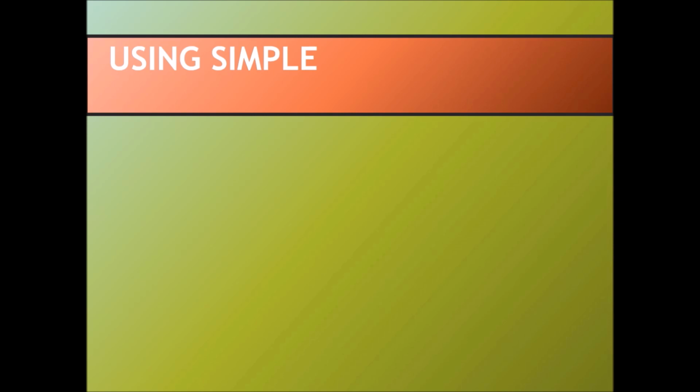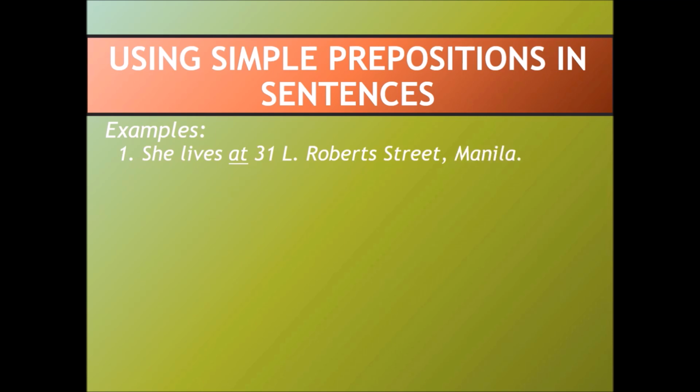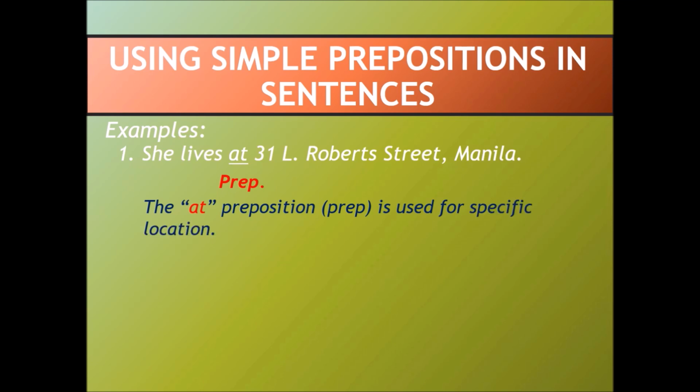Using simple prepositions in sentences. Examples. She lives at 31 L. Roberts Street, Manila. The preposition there is at. The preposition at is used for a specific location.